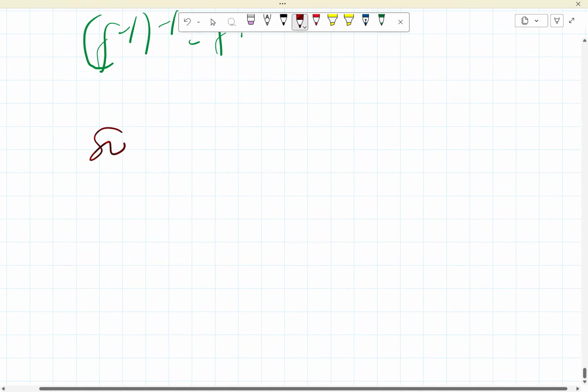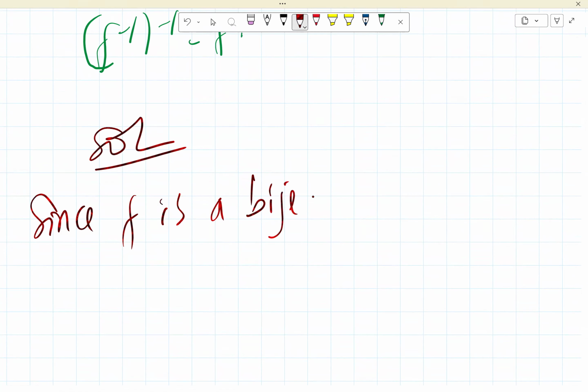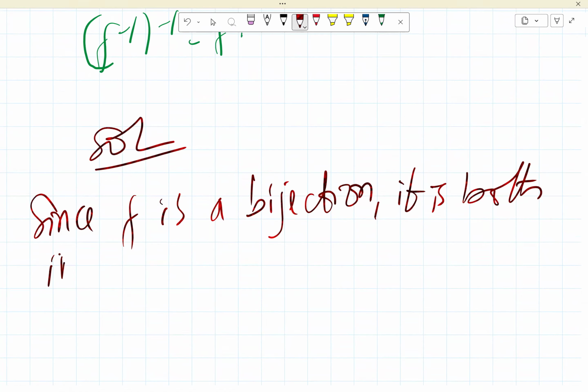So solution. Since F is a bijection, it is both injective and surjective.